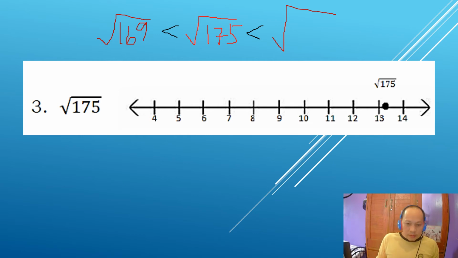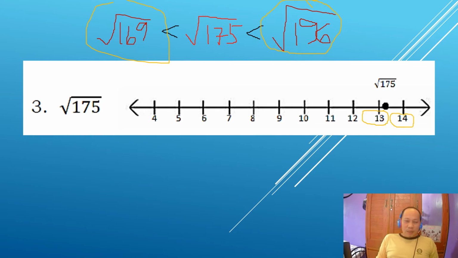It's square root of 169 and square root of 14 times 14, so it's 196. Okay. So this one is square root of 169, that's 13. And the square root of 196, that's 14.